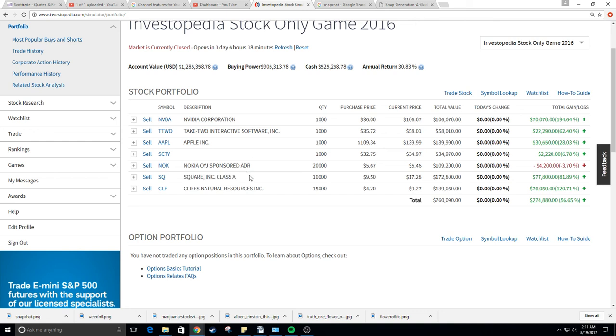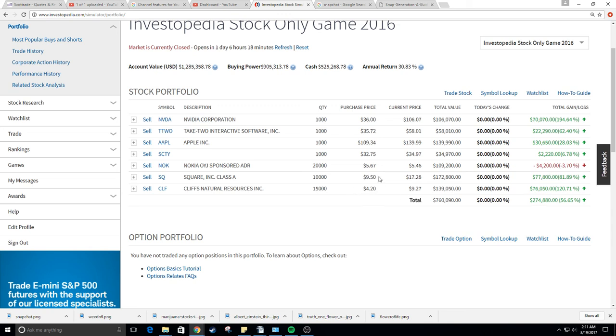And then you have this Cliffs Natural Resources, which I actually didn't use value investing on. I just saw this was trending upwards, and it was a really cheap stock. So I bought 15,000 shares of this. And it's at 76, 77.